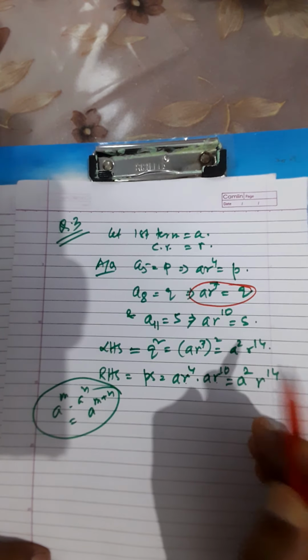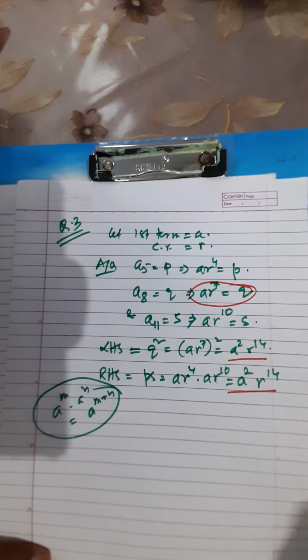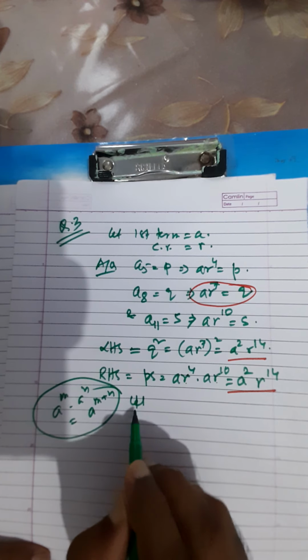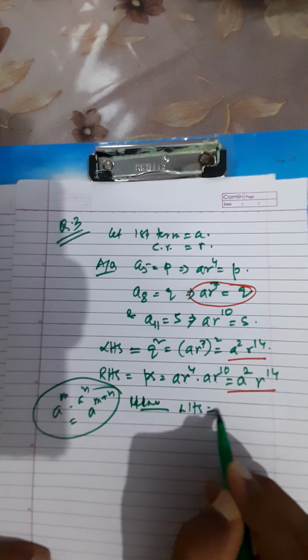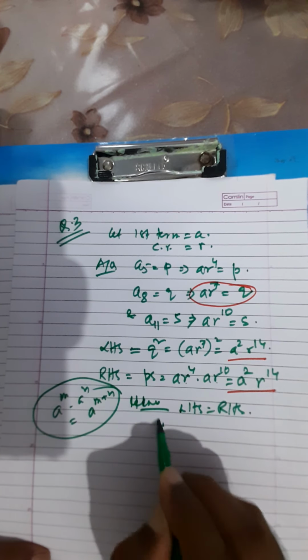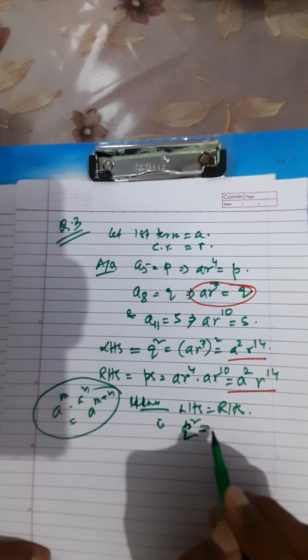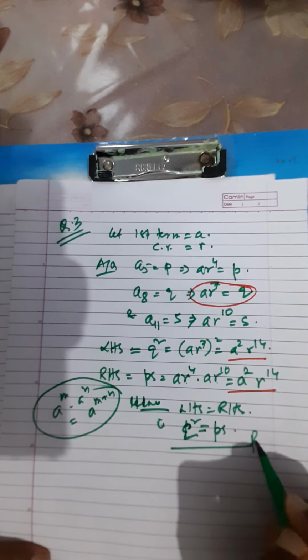If we see the left hand side and right hand side, they are the same. Hence, left hand side is equal to right hand side. That is Q square is equal to PS. Proved.